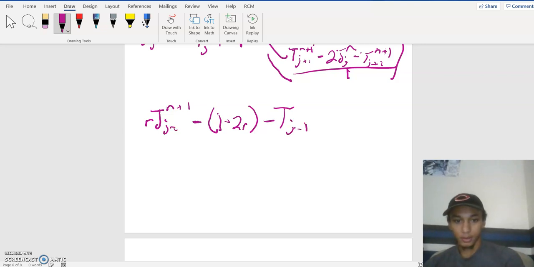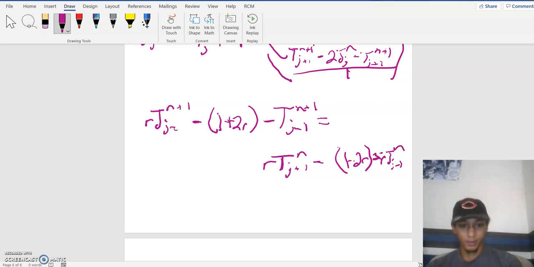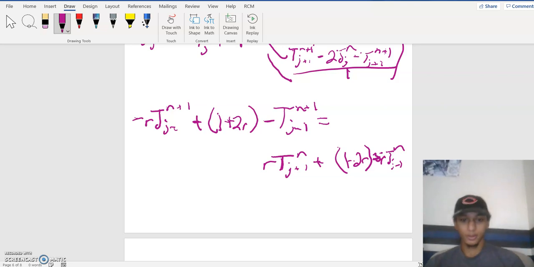This should be plus 1, minus 1, n plus 1 is going to be equal to Tj plus 1 n R minus 1. So this is plus minus 2R minus R Tj minus 1 of n. I believe this is plus, your plus as well, your minus plus. So that gets the signs.